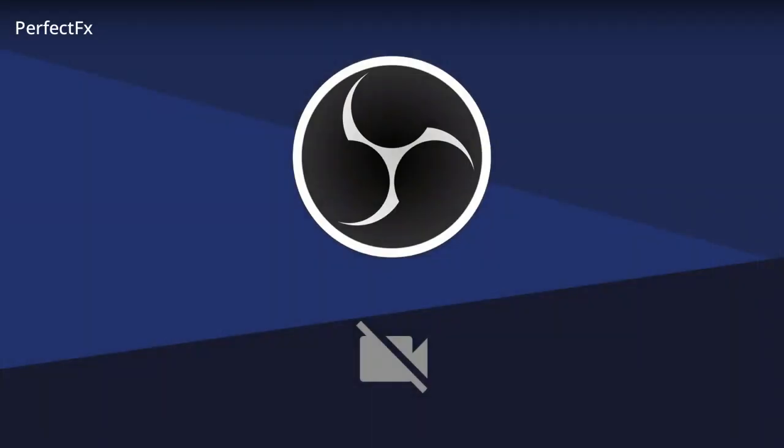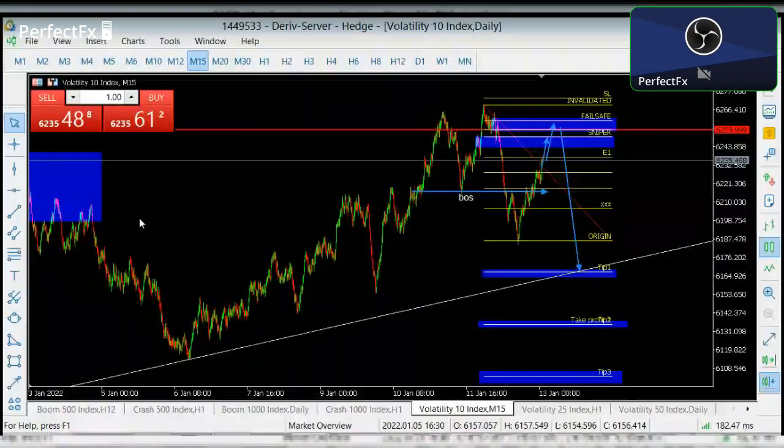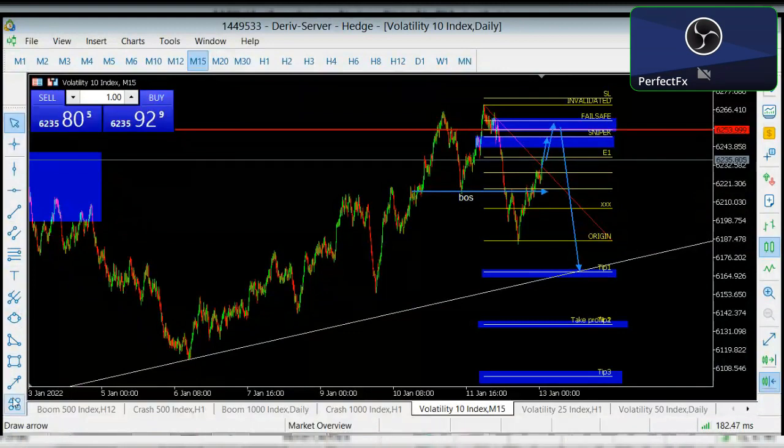Targeting the tip two from the sniper level will be 1:4.5, and targeting the tip three will be 1:6, which is actually a very, very good risk to reward ratio when eventually all my setup lines up and I take the trade.